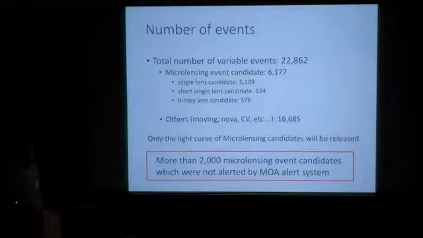We found 6,177 microlensing event candidates, which include 5,109 single lens candidates, 124 short single lens candidates, and 576 binary lens candidates. The other events were classified as moving objects, novae, CVs, and so on. For the data release, only the light curves of microlensing candidates will be released. There are more than 2,000 microlensing event candidates which were not alerted by the MOA alert system.